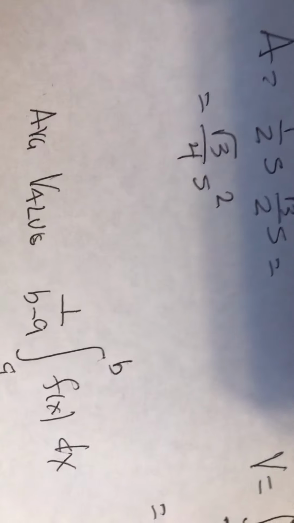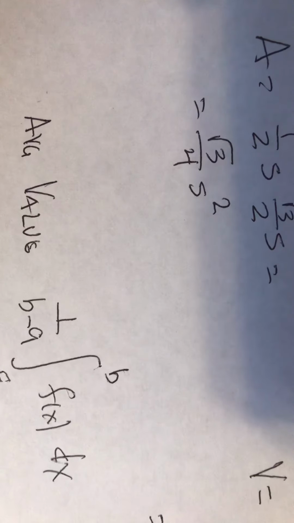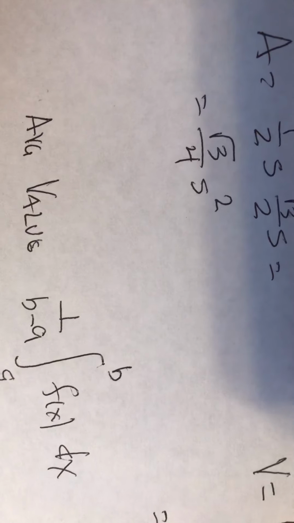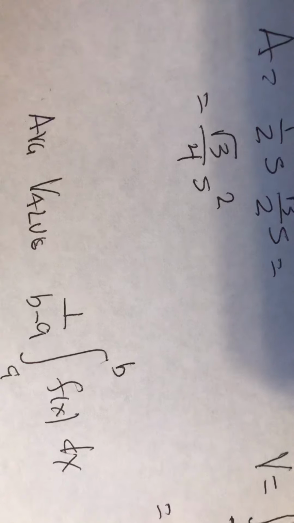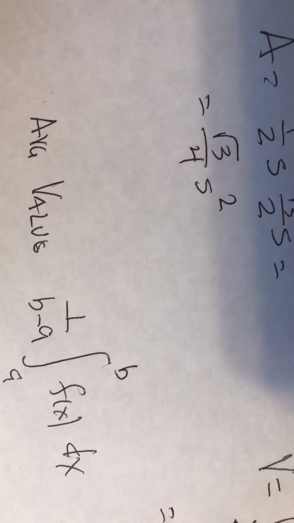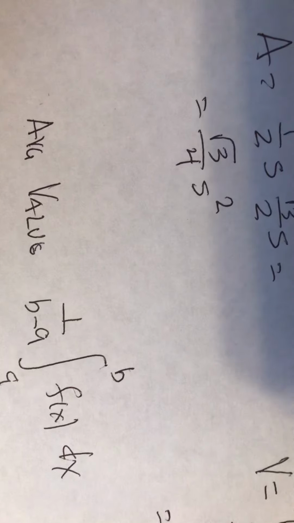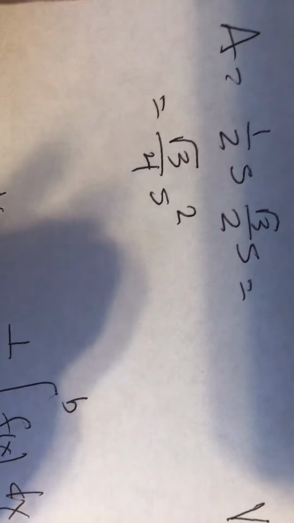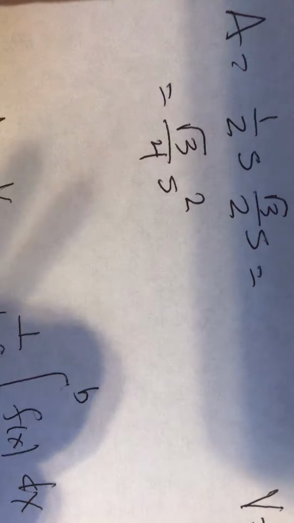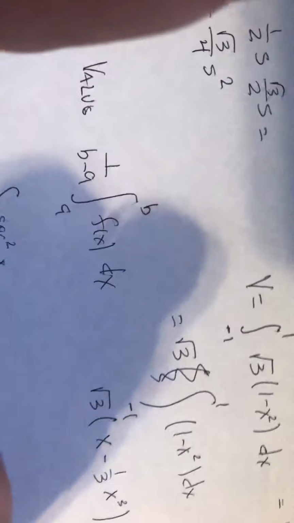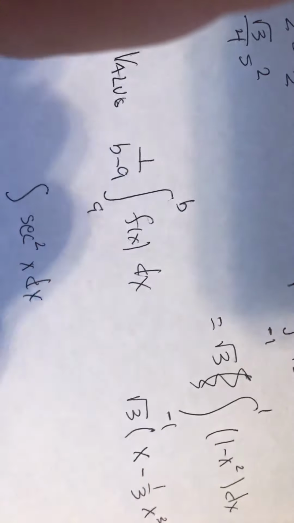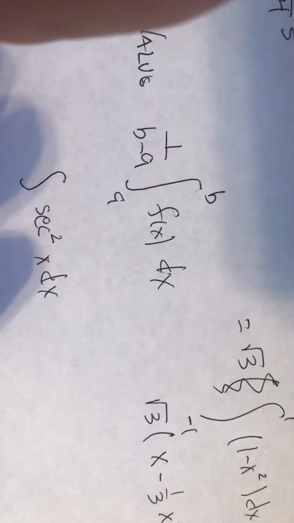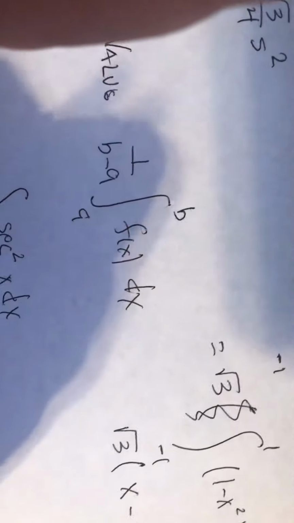These types of problems were on page 375, and I'll look at, say, question number 42 on page 375. All right, we're finding the average value of the function secant squared, and we're going from pi over 6 to pi over 3.